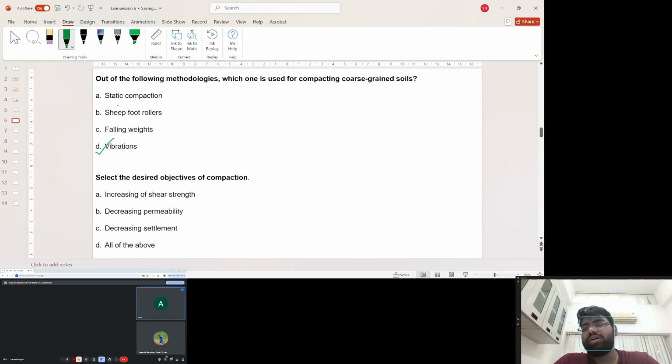Falling weights is mostly used for clays, but essentially it is dynamic compaction.